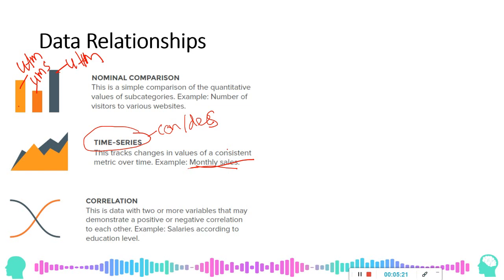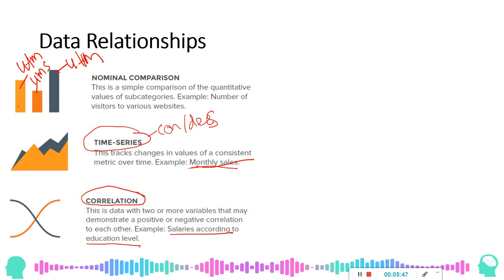Next, correlation. We want to check the relationship, the correlation, between two variables. For example, here it gives salary according to educational level, but it doesn't really make sense here.